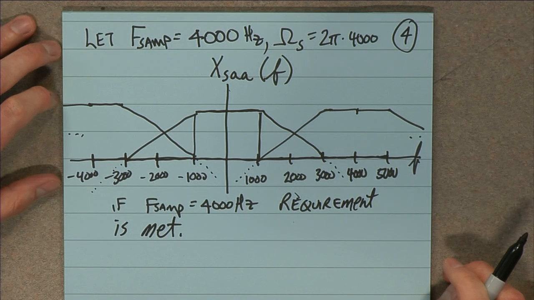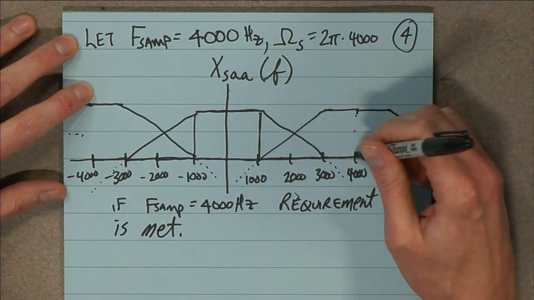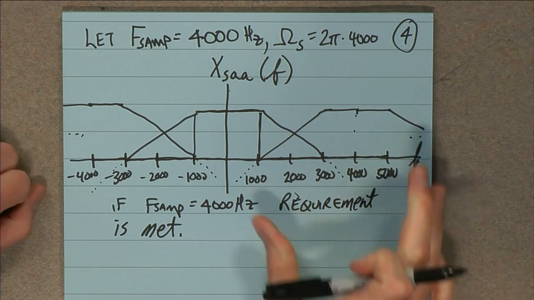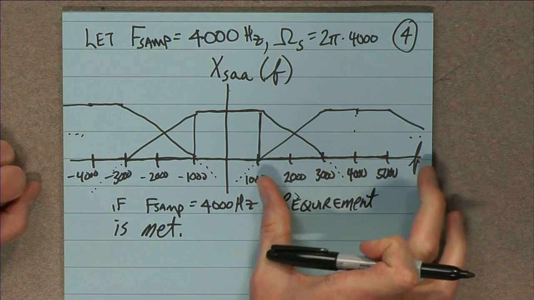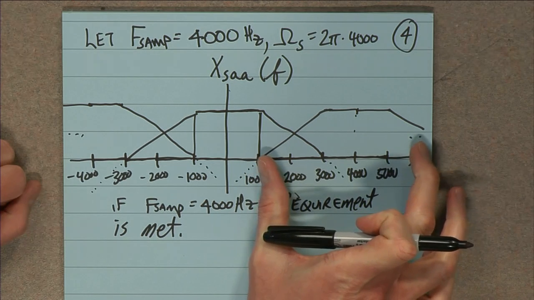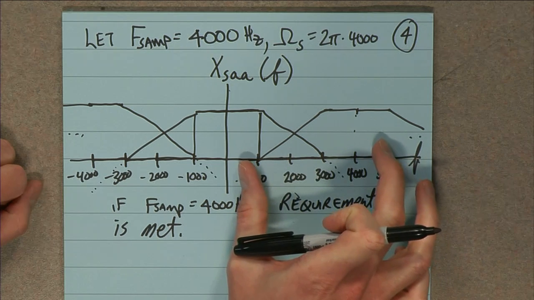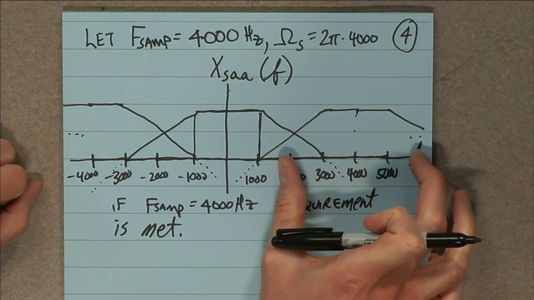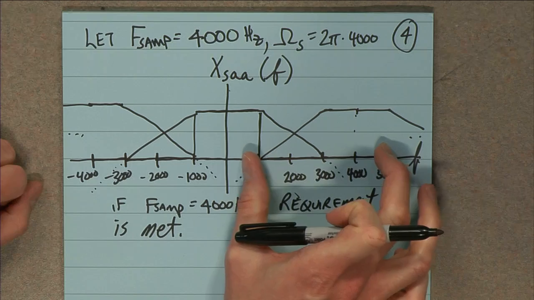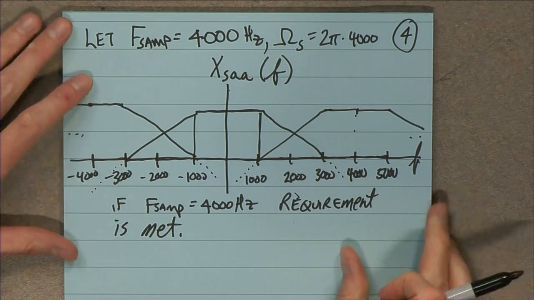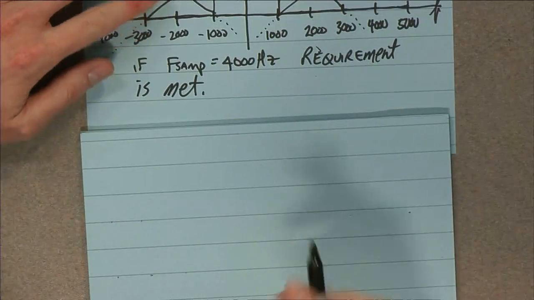Now what we're going to see is, suppose fsamp was not 4,000 hertz. I'm just going to pretend I can pick this shifted copy up and move it freely. I need to bring some paper dolls so I can just shift these around. If I made it 3,000 hertz, then this would start to come in here and encroach on this passband, and if it does that, then we will not meet the requirement over plus and minus 1,000 hertz.